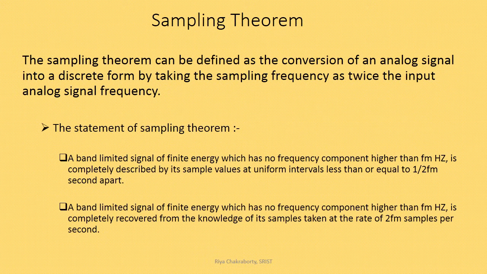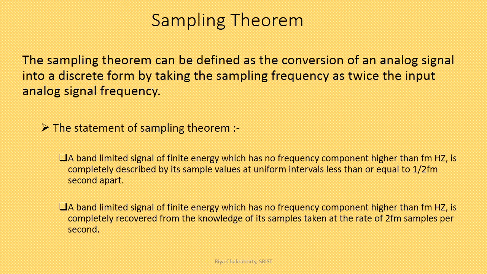Now, the most important part is the sampling theorem. Sampling of signals is the fundamental operation in signal processing. A continuous time signal is first converted to a discrete time signal by the sampling process.